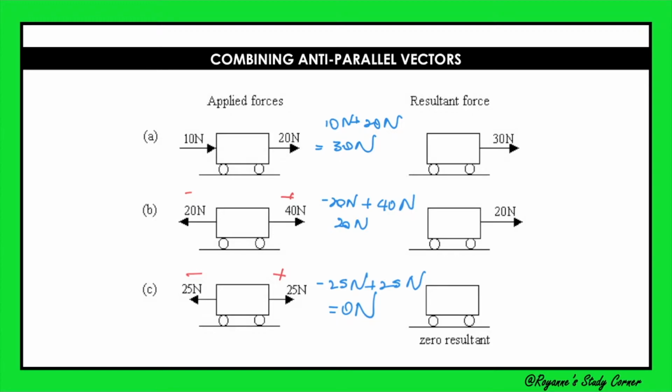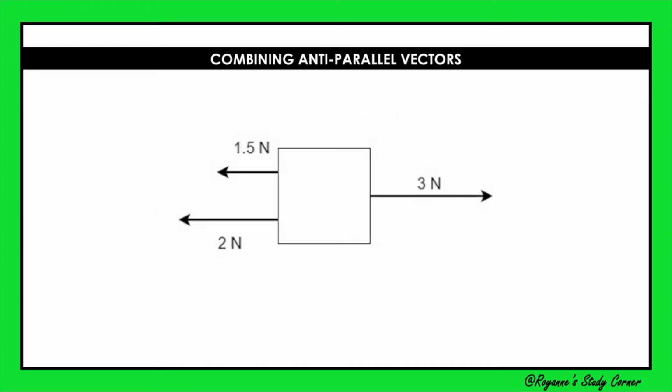Now, what do we do when we have both parallel and anti-parallel vectors? Let's try an example and see. So here we have 2 vectors acting in one direction and 1 vector acting in the opposite direction. So what I'm going to do is work out the 2 that are acting in this direction first. So I'll say we have 1.5 newtons plus 2 newtons.